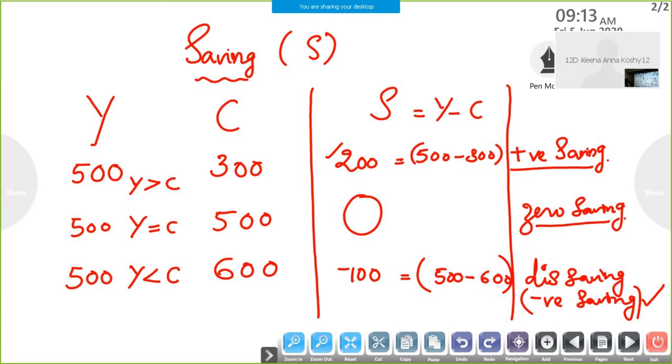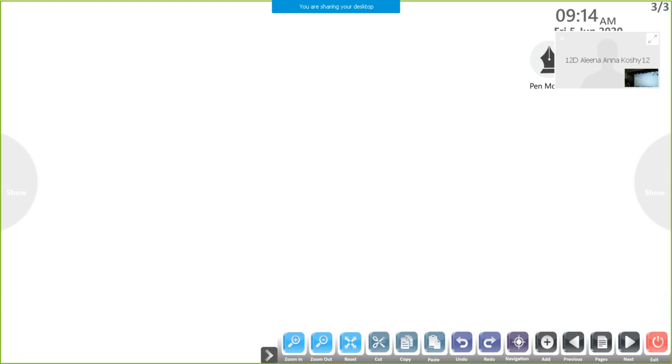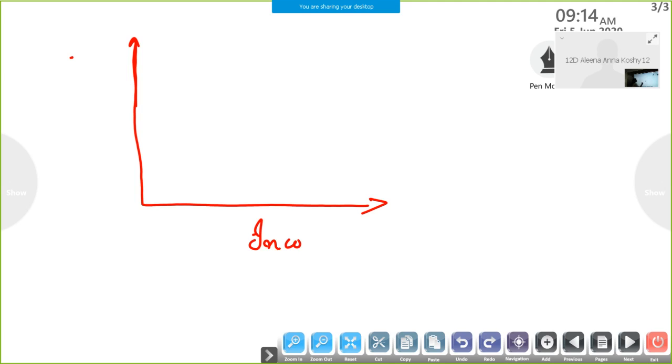Okay. Noted. Then by using the previous data, if I plot on a graph, what we can measure here: level of income or GDP or national income.